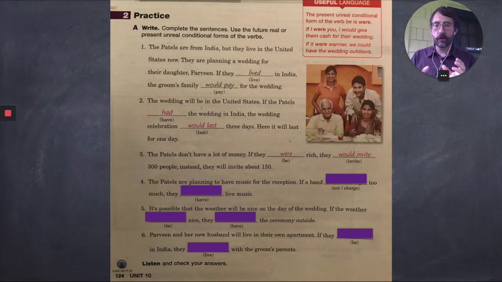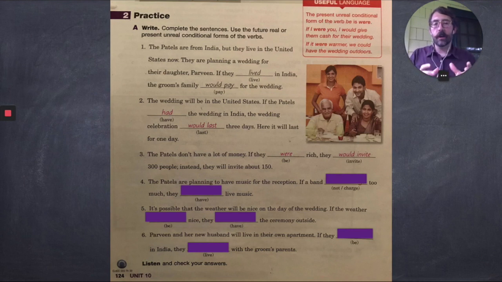In the unreal, it's not possible. It's an imaginary world, an ideal world, a pretend world. What would happen if this different set of rules were true? So in this world, what is true of the Patels is they don't have a lot of money. In another world, if it was true of the Patels that they had a lot of money, then this would be true. This would happen.